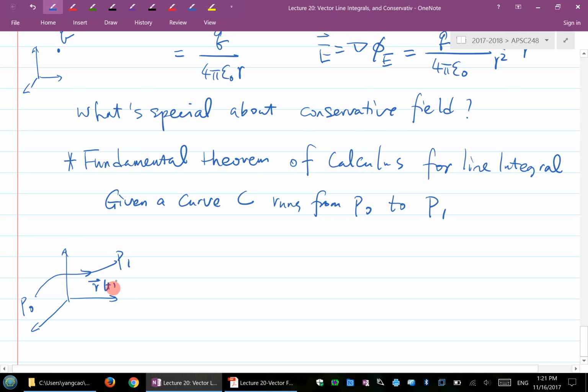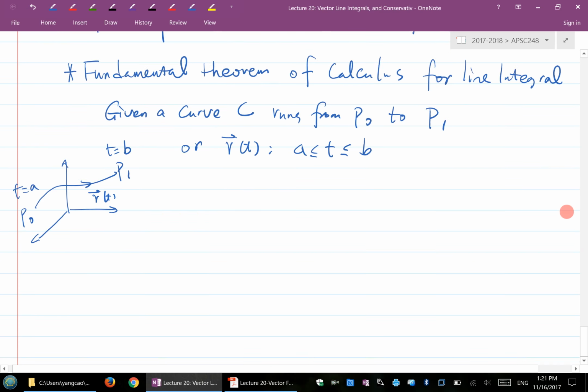This is the curve C. Or instead we can say this is a curve C, and the t value goes from, let's say, a to b. So this is t equal to a, and this is t equal to b. So here's a curve C.